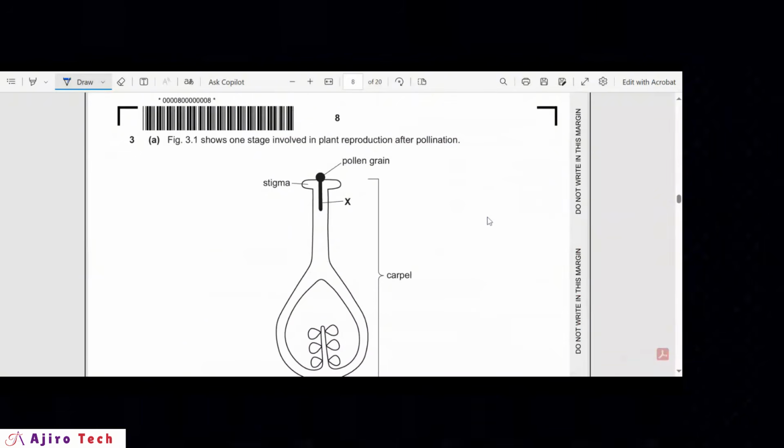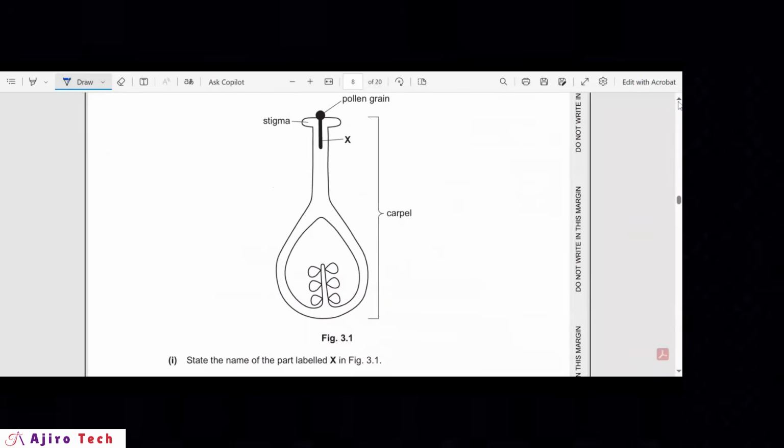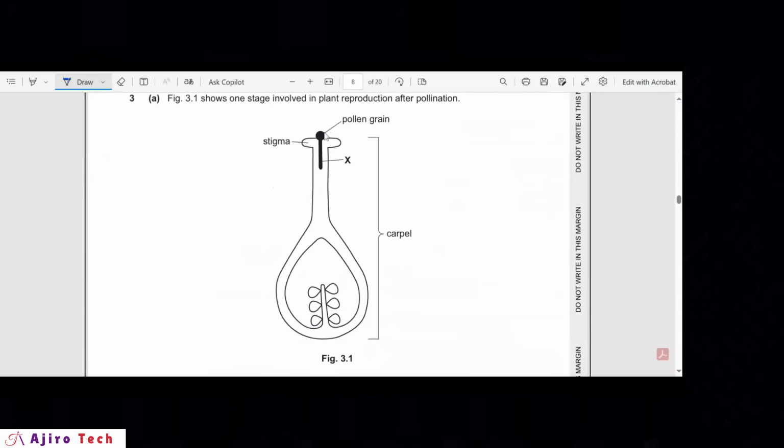Question 3 says that figure 3.1 shows one stage involved in plant reproduction after pollination. Pollination is the transfer of pollen grains from the anther to the stigma. So the pollen grain has landed and has grown into the pollen tube.